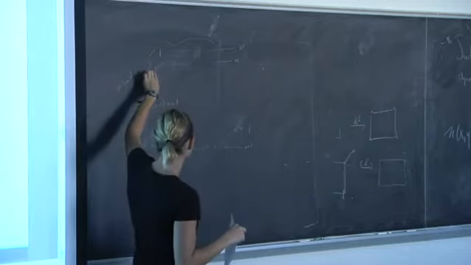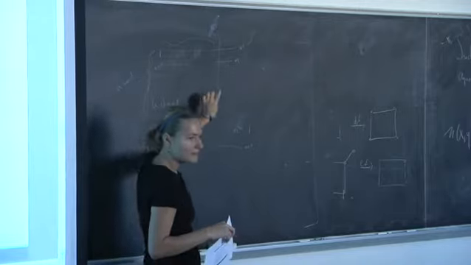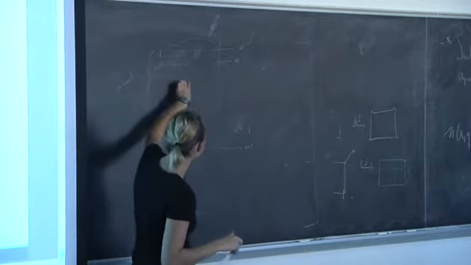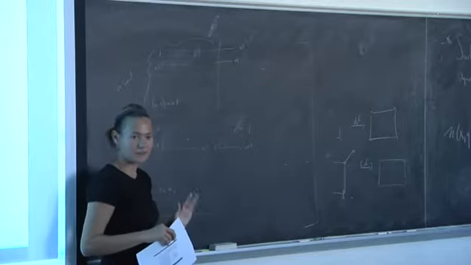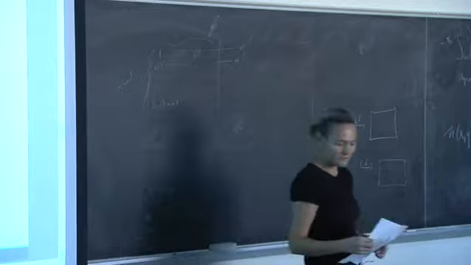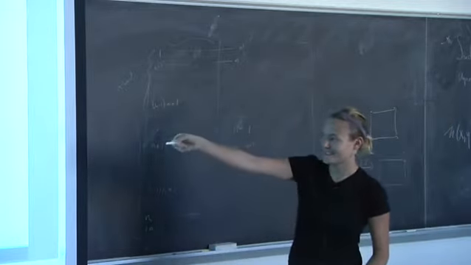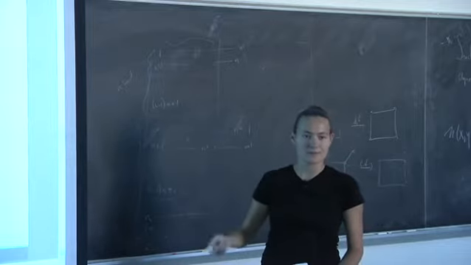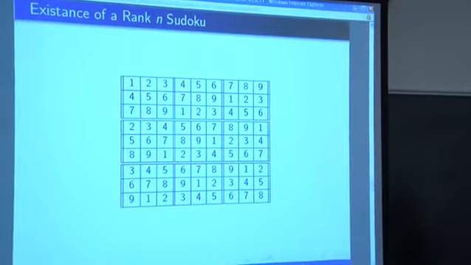Then you would start down here, and it would be 2n plus 1 through 3n. It would be 3n plus 1 to 4n. And so that's how you satisfy the subsquare condition. So you do have, for every n, a rank n Sudoku square. And I've filled in an example for you for rank 3. So this is the generic way of filling in a rank n Sudoku. Okay, cool.